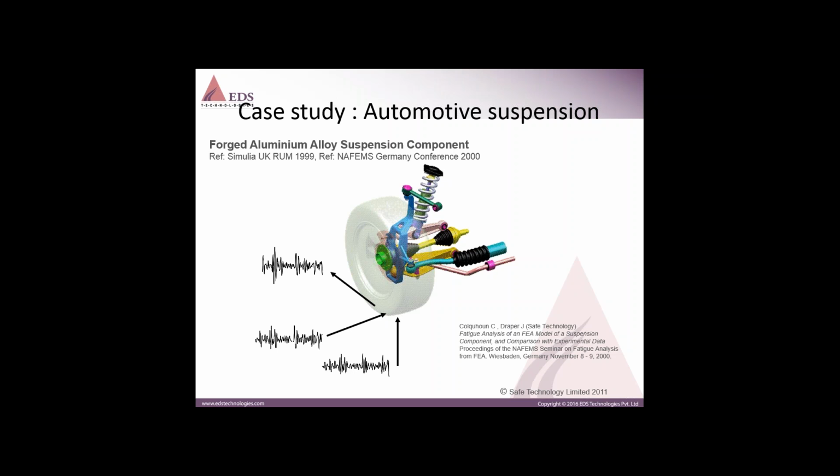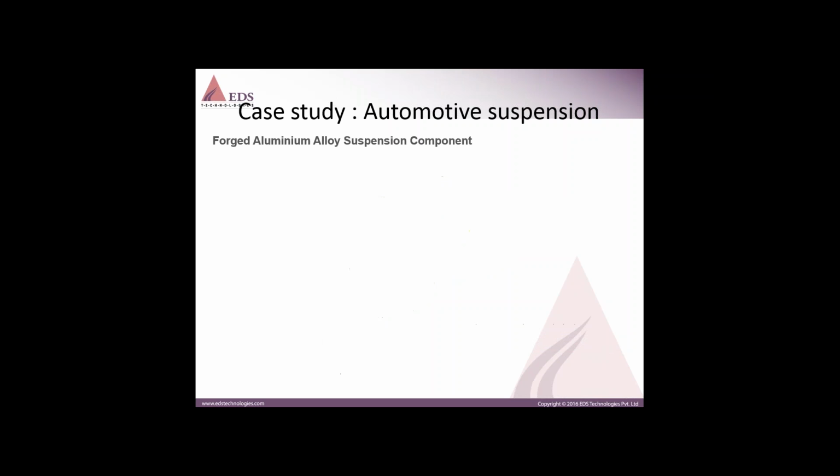So typically an automotive suspension will have three different types of loading. This is solved very easily in FESafe. What we do is solve FE analysis for unit loads, we carry out three unit load linear static analyses, and we supply that result to FESafe.